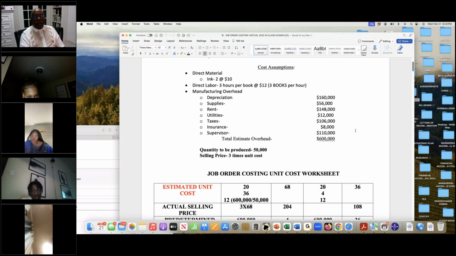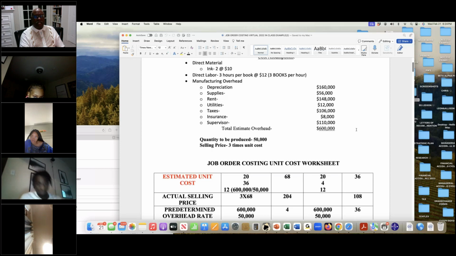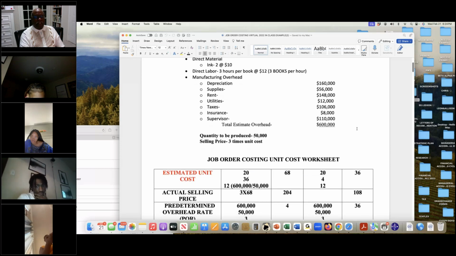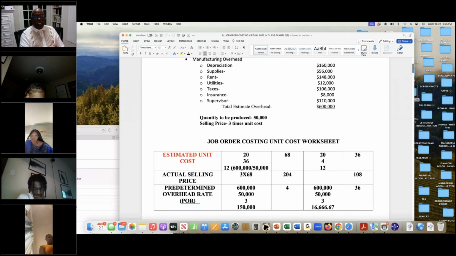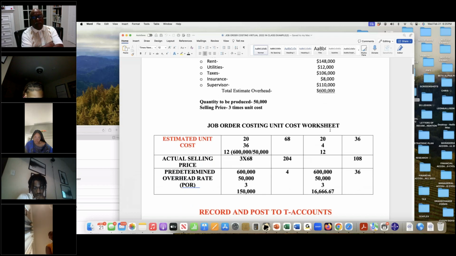So similar to what you're doing now, with a quantity to be produced of 50,000 and a selling price multiple at 3 times the unit cost. We had to calculate the unit cost, the selling price, and the predetermined overhead rate.